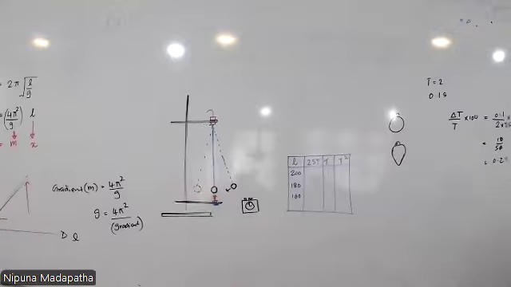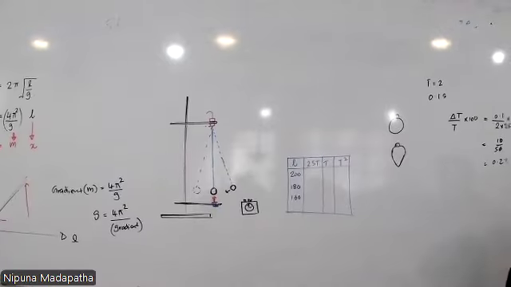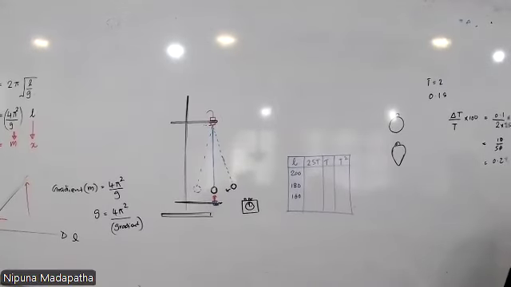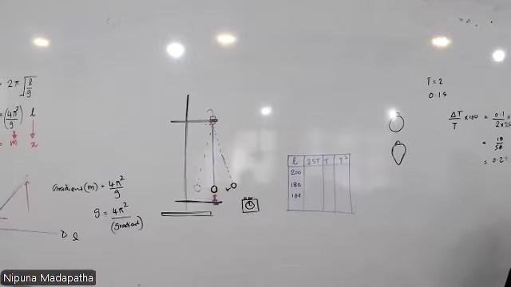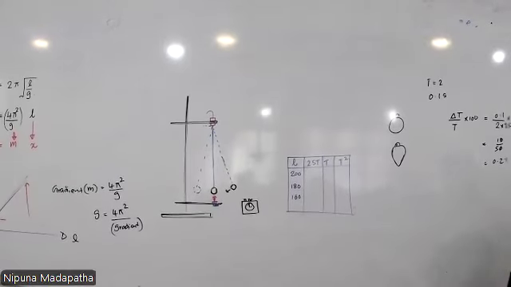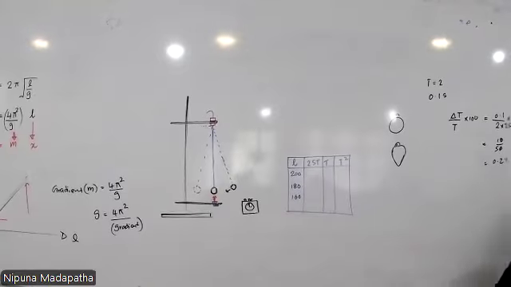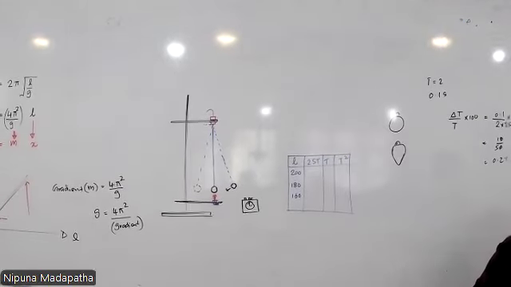Repeat the experiment by varying the value of L and obtain about 6 readings.